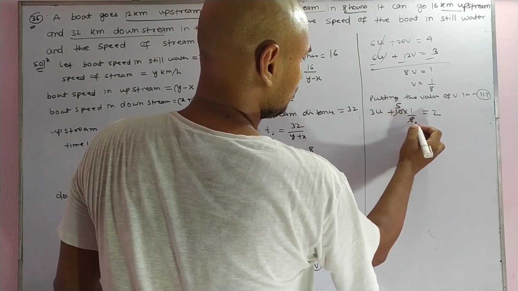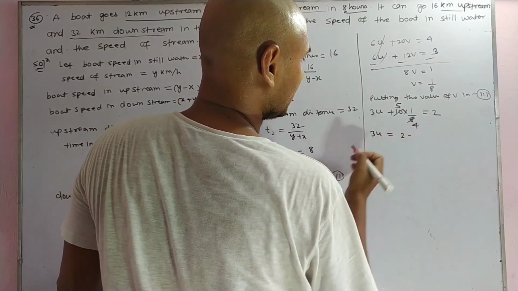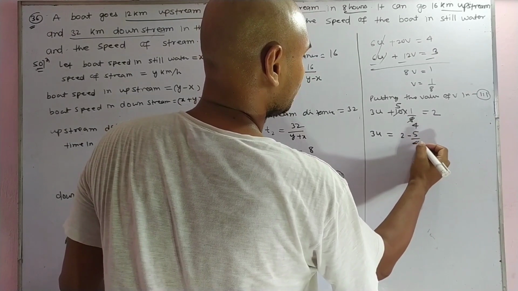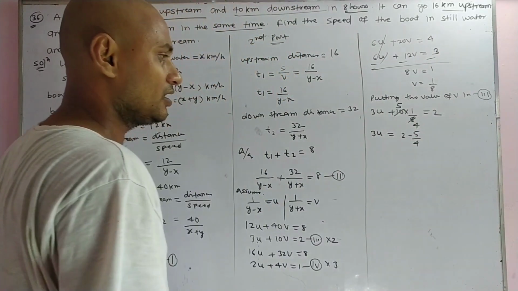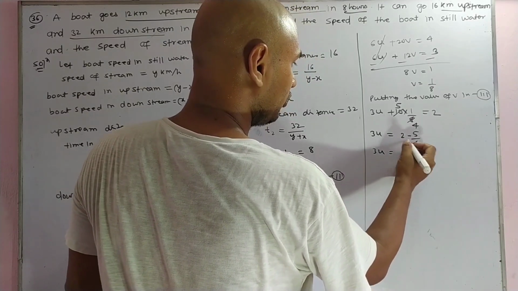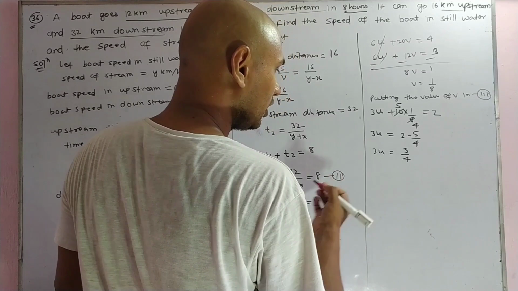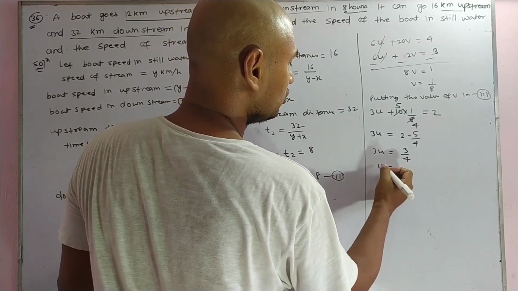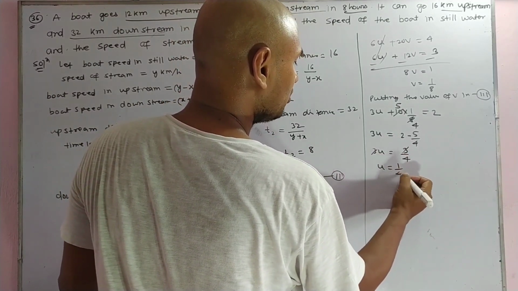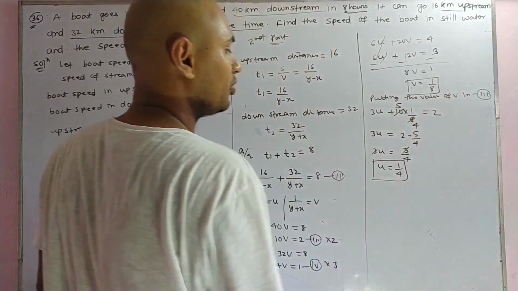Then 3u equal to 2 minus 5 upon 4. 5 by 4 goes to the other side and becomes negative. Then 3u becomes 8 minus 5 upon 4, that is 3 upon 4, and u equal to 1 upon 4. So u equal to 1 upon 4 and v equal to 1 upon 8.